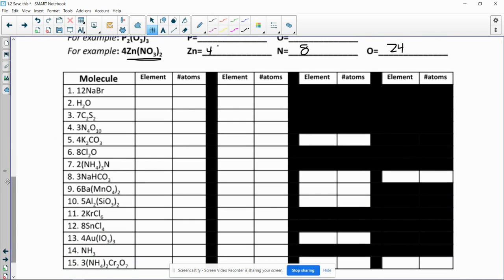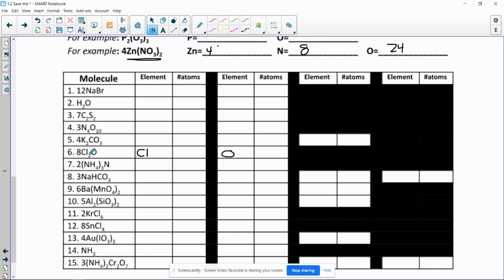So I'll do maybe a couple of these examples down here. I'll do number 6, Cl2O. So that one can be confusing because it looks like it could be Ci. That's chlorine. That's one element. It's not carbon and iodine. It's chlorine. And the other one is oxygen there.